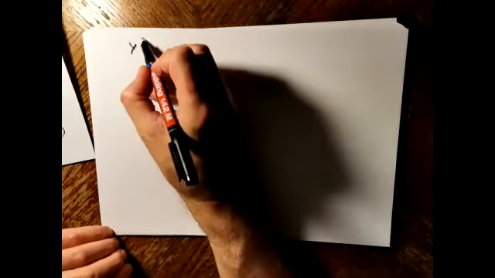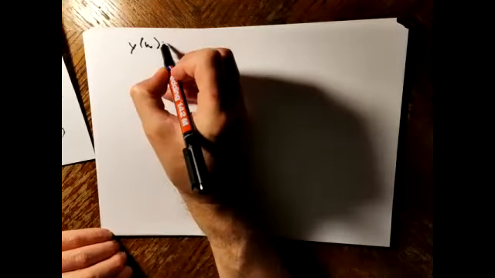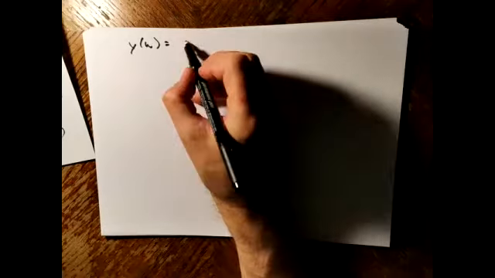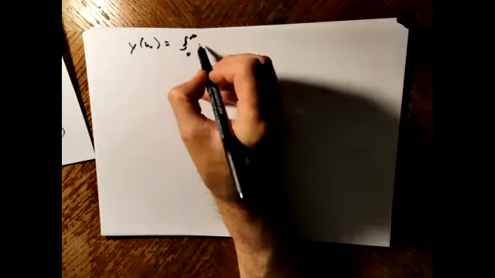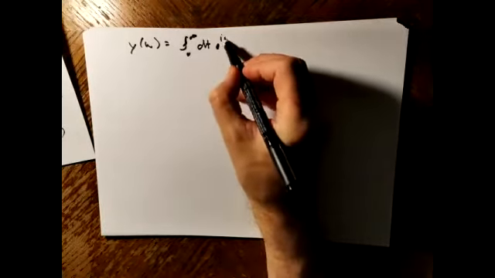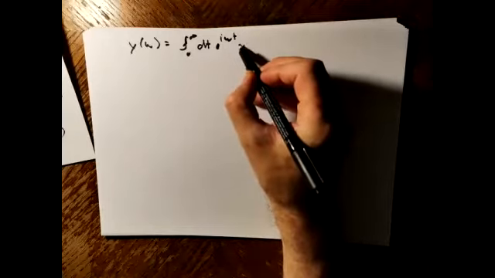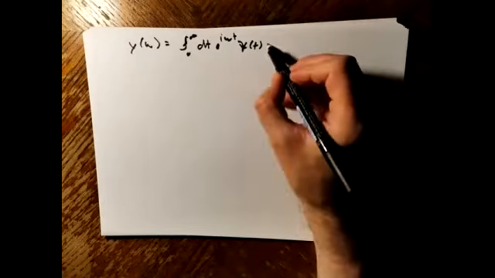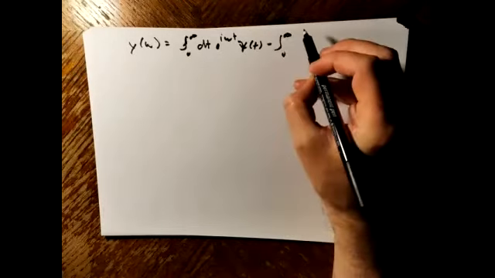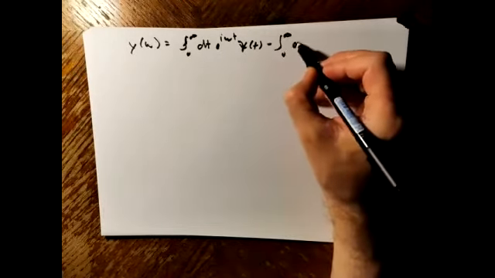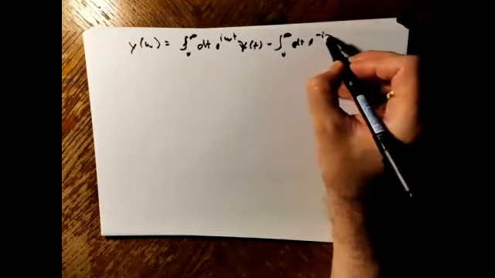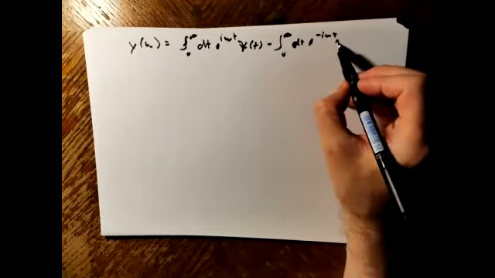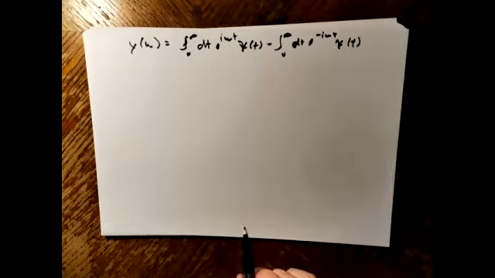Okay, so finally I'm going to get y of omega equals 0 to infinity dt e to the I omega t chi of t minus 0 to infinity dt e to the minus I omega t chi of t.